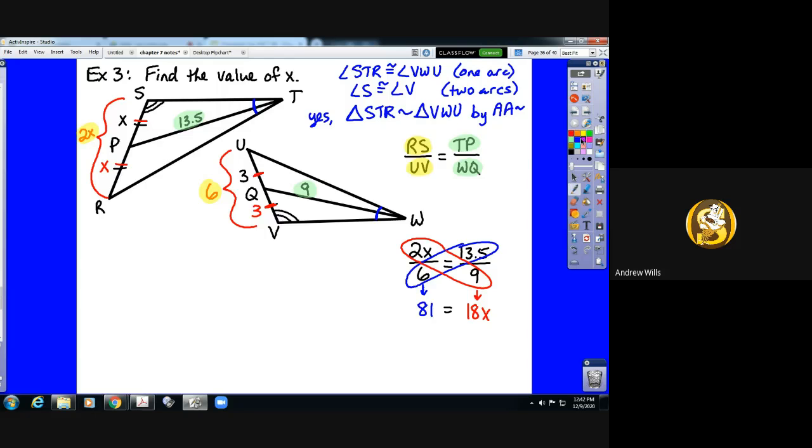So then we would divide both sides by 18 to get x by itself, which would give us that x is 9/2 or 4.5. I would accept either answer. Given that there is a decimal in the problem, it's perfectly fine for us to give a decimal answer. Okay?